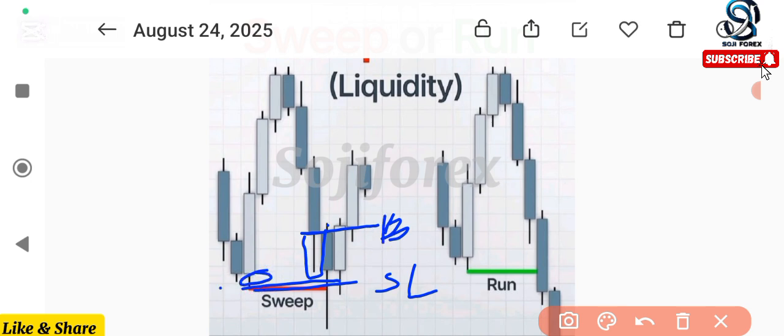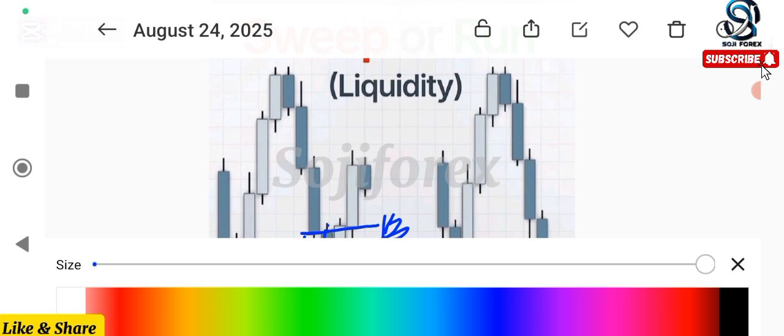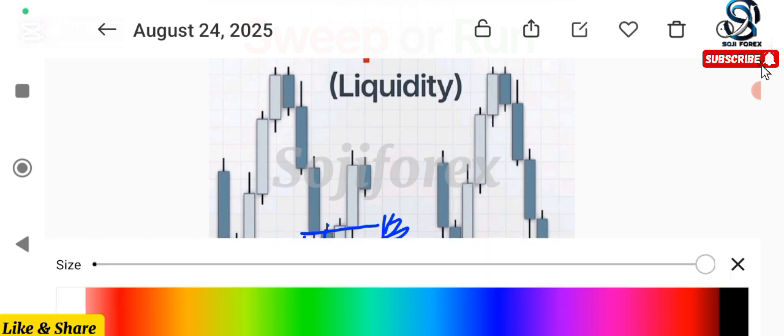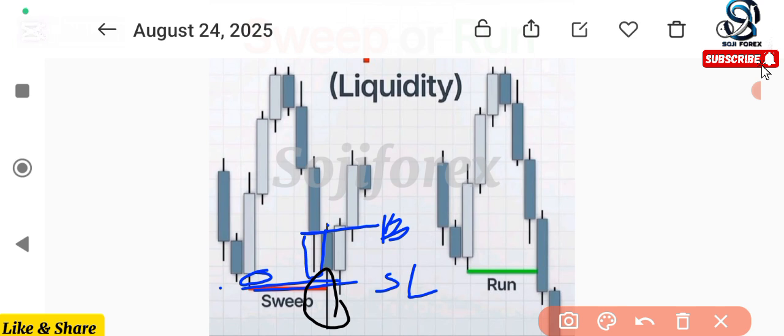This low here becomes your stop loss, and then suddenly price pulls back to the downside with this wick. Price takes you out, and after taking you out, price again pulls all the way to the upside. So you keep wondering what exactly has happened.